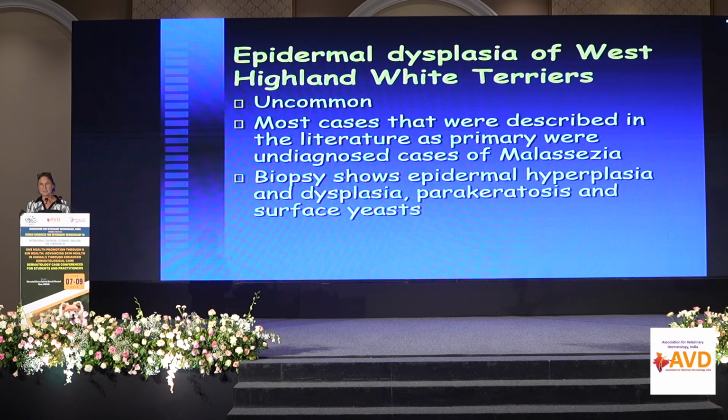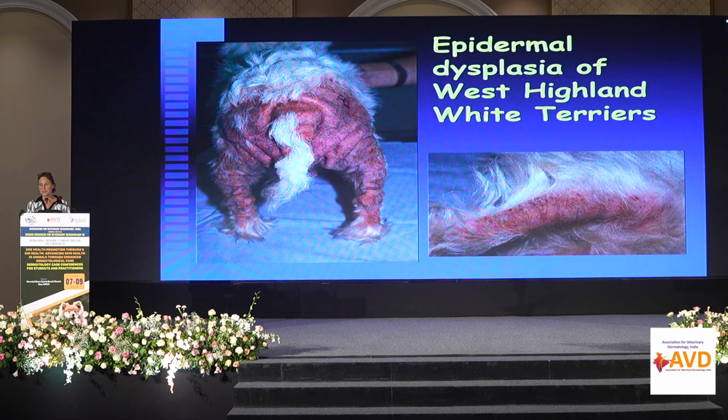And for the longest time, we talked about that as a primary disease of keratinization. But now we know that many of these dogs actually had yeasts. And we were too naive to know. And so we created this as a separate disease. But many of these dogs did not have a true disease of keratinization. They were just dogs that had a tremendous amount of yeast and needed to be treated for that.